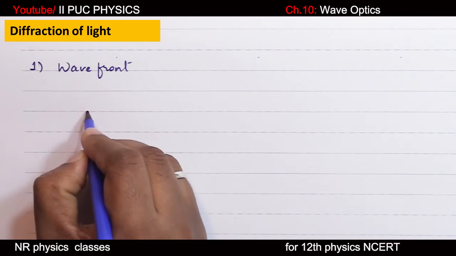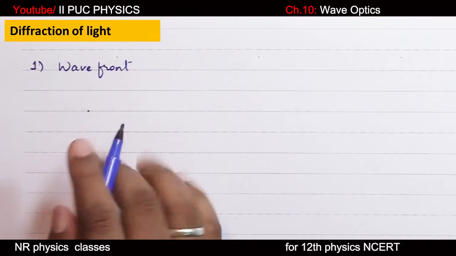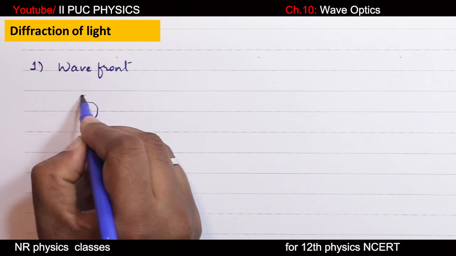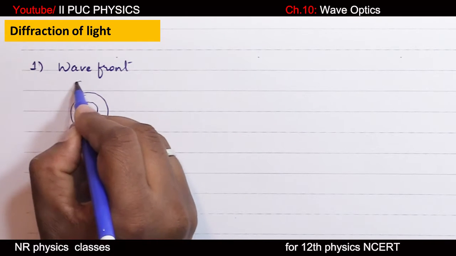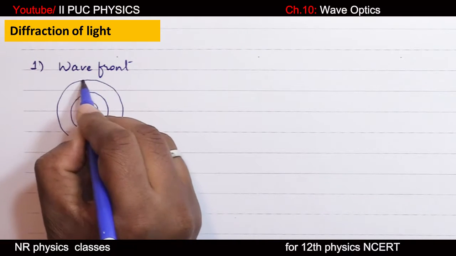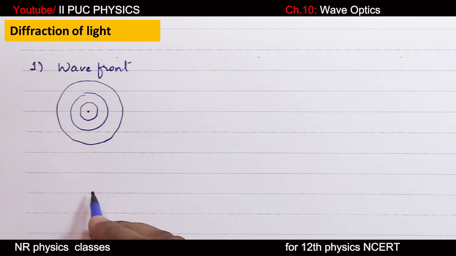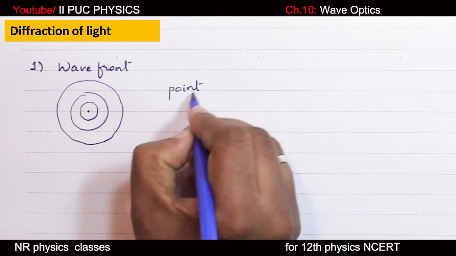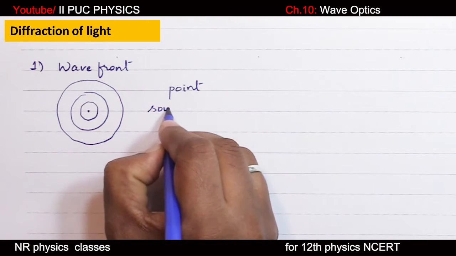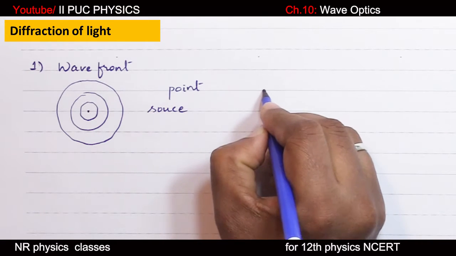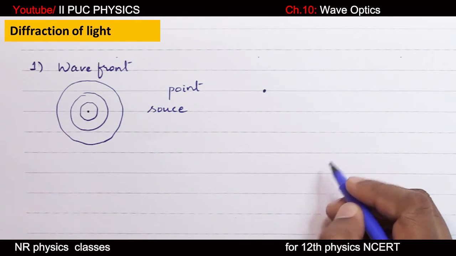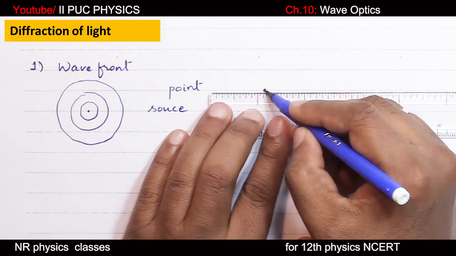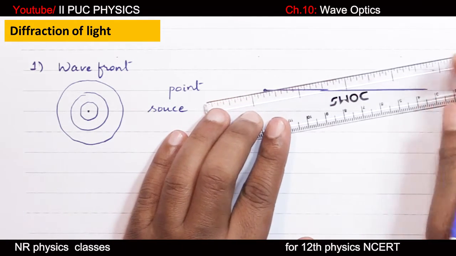If this is the point of disturbance, surface of water, point of disturbance, then ripples are generated. So these ripples are nothing but wavefronts. So due to point source, if this is point source of light, then according to ray optics, this point source gives diverging rays like this.